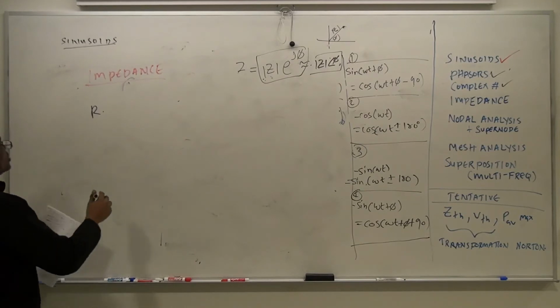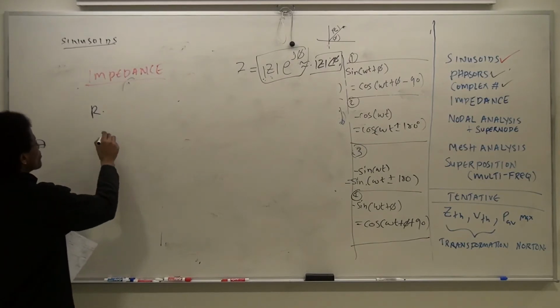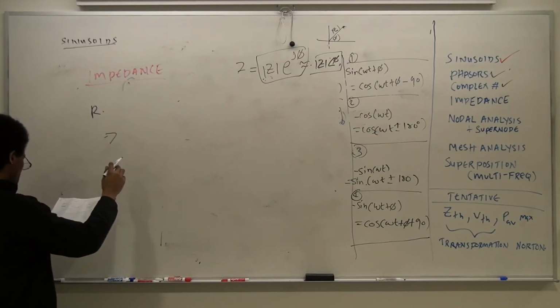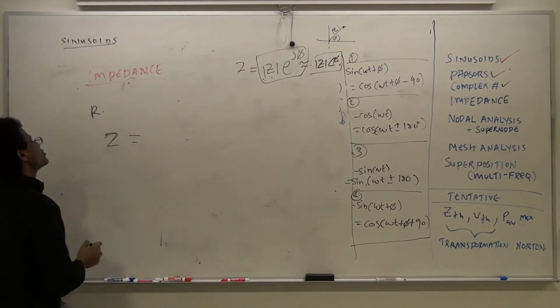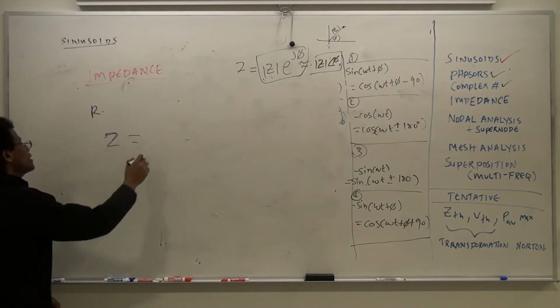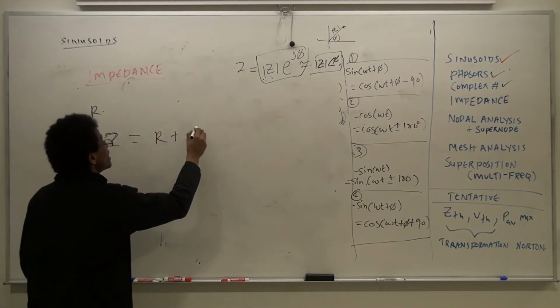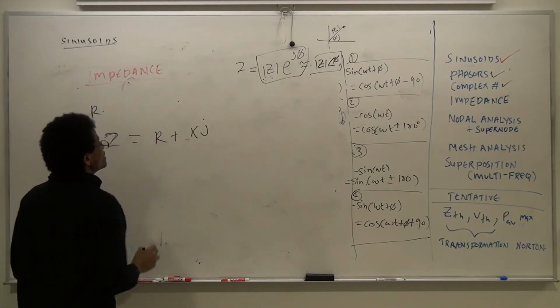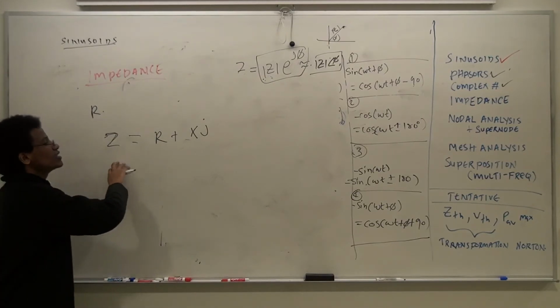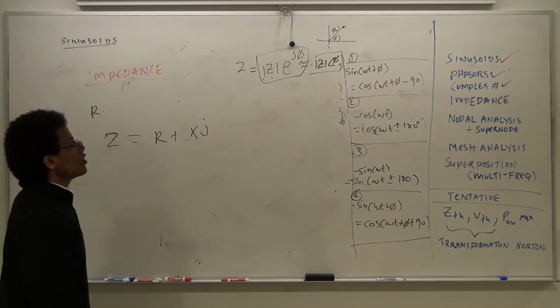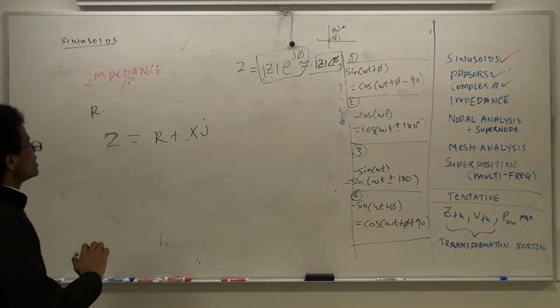The impedance generally is of the form, we call it Z. Z is equal to R plus jX. That's how we write the impedance. Impedance is kind of like the resistance equivalent in the phasor domain, or in the complex domain.